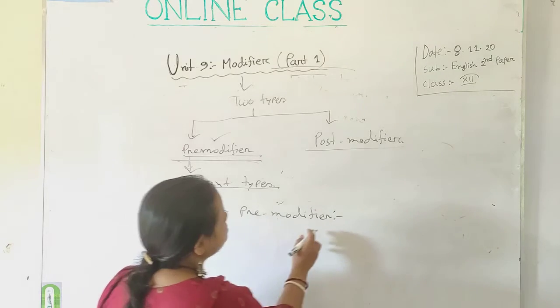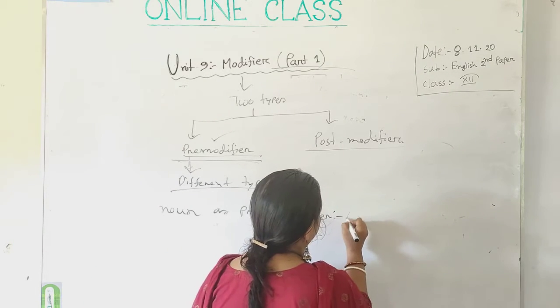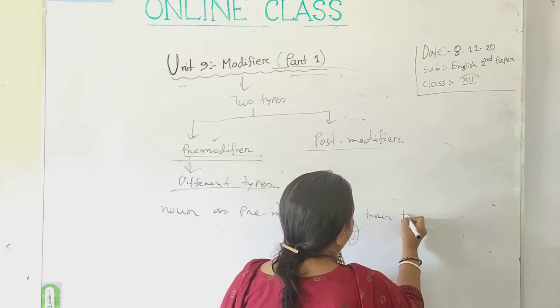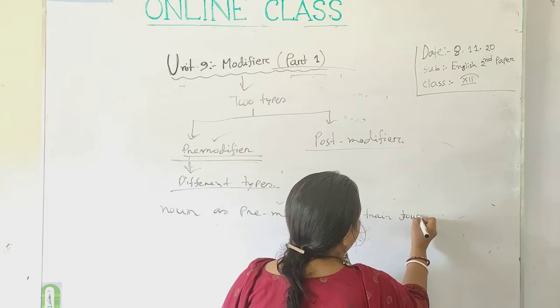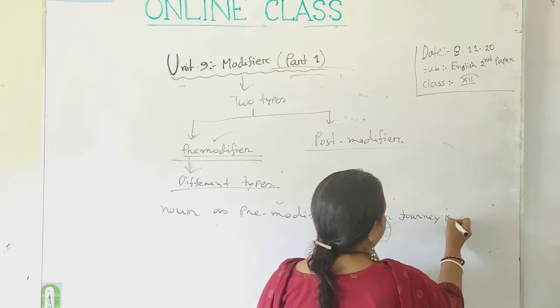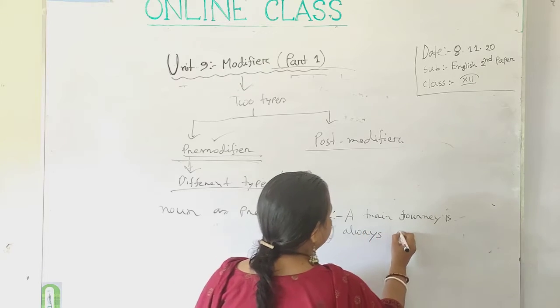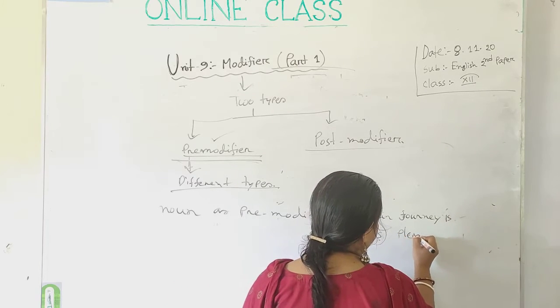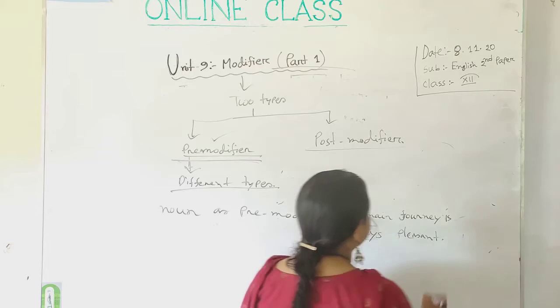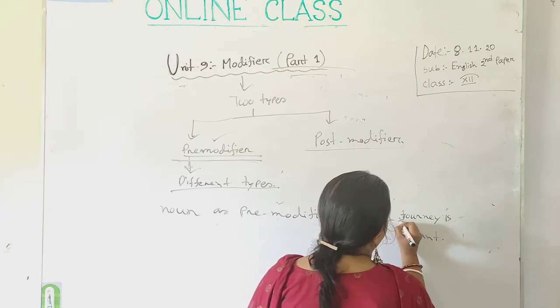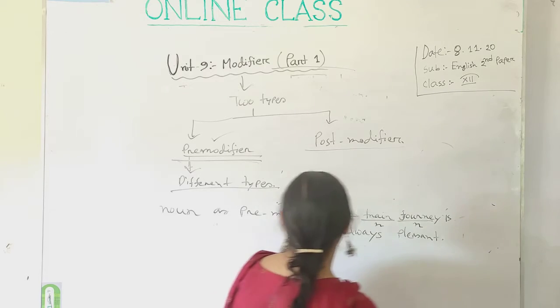So, noun as pre-modifier. For example, a train journey is always pleasant. Here, train is a noun and journey is another noun.